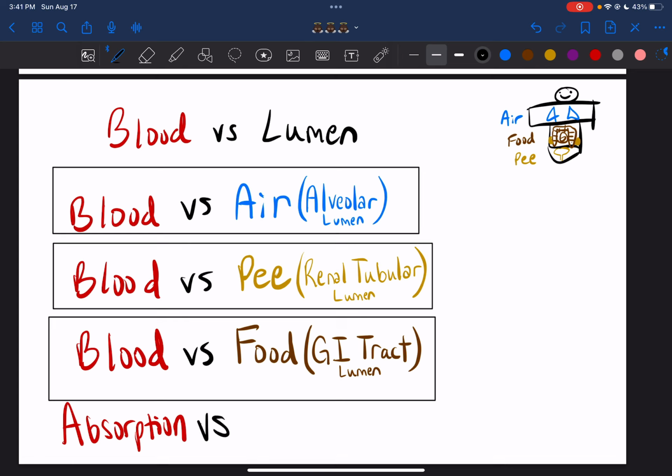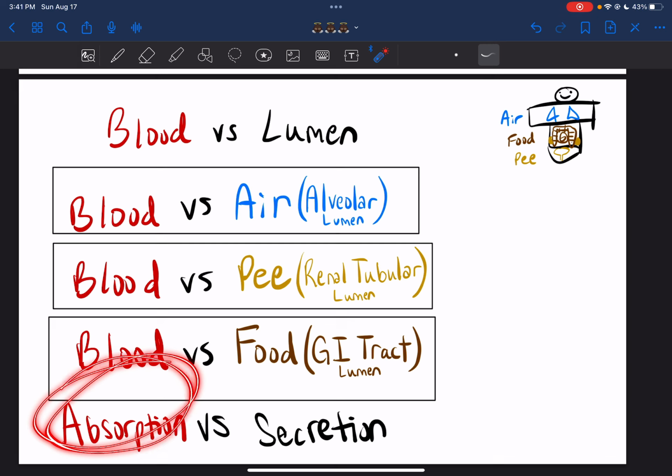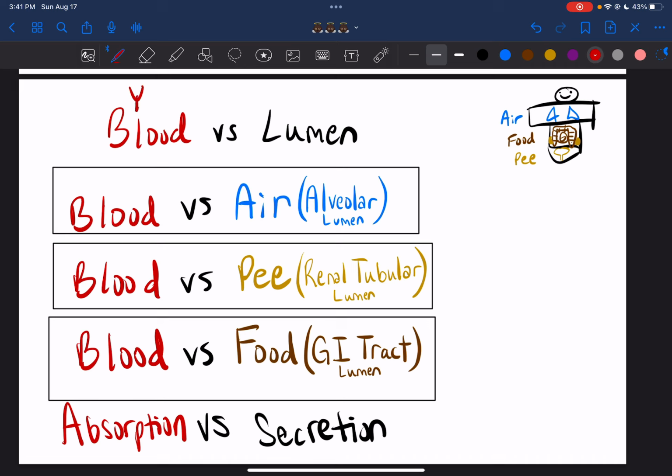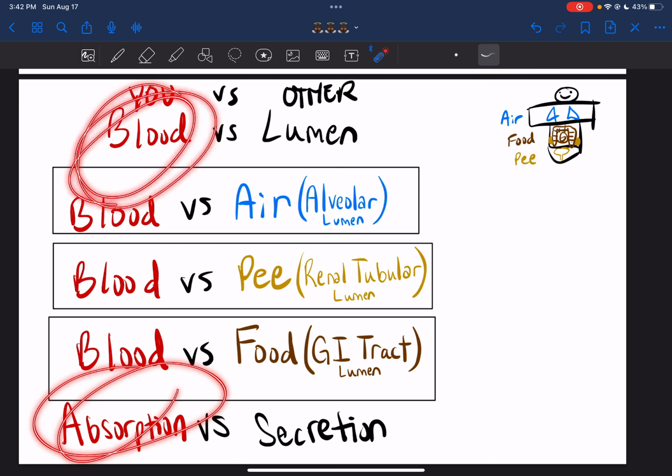And then secretion always means going into whatever the other thing is, the thing that's not the blood, right? So to absorb means to take something into yourself, right? So if you are your blood, and the things that are not blood are just not you, they're the outside world, then that's why we remember that absorption always means going into the blood.